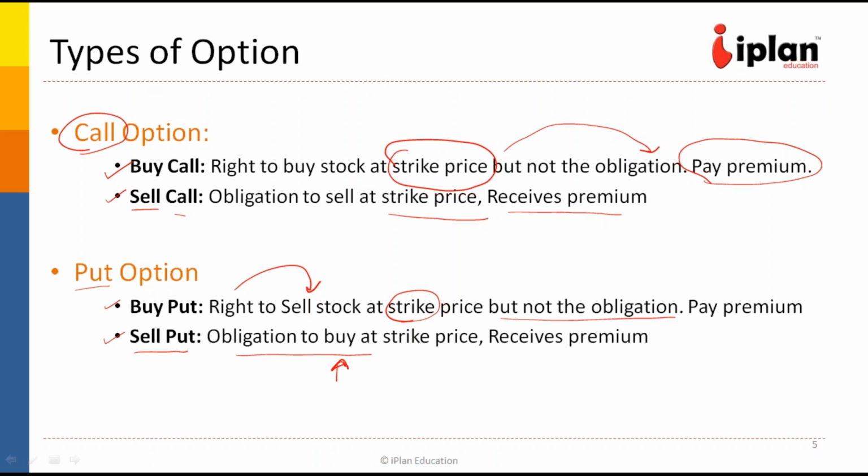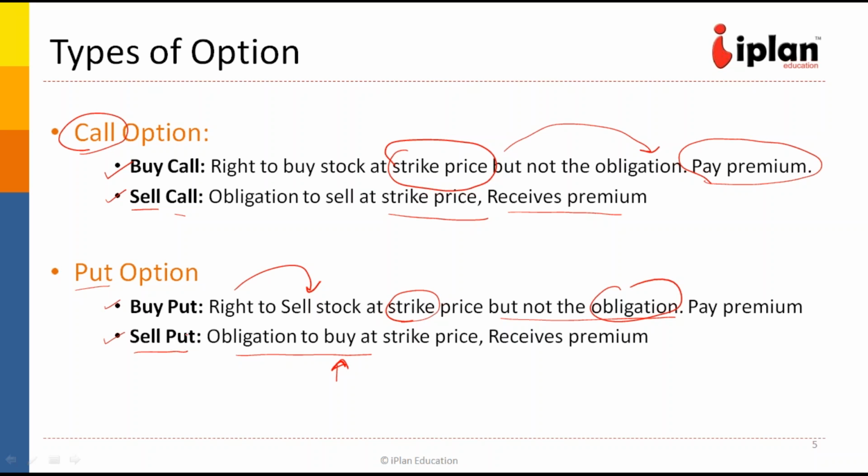The buyer cannot be forced to sell. If the seller says, no, I don't want to sell, because I have bought the put option, I have the right to sell and no obligation to sell, you cannot force me to sell it.